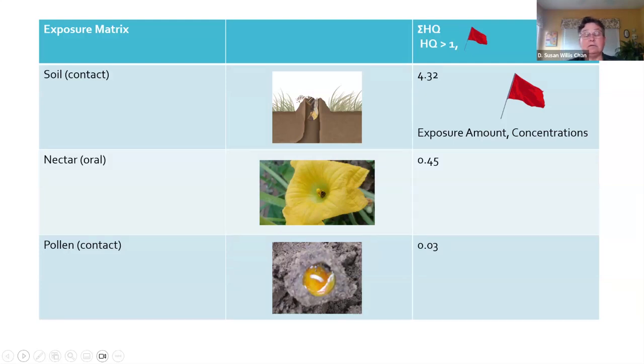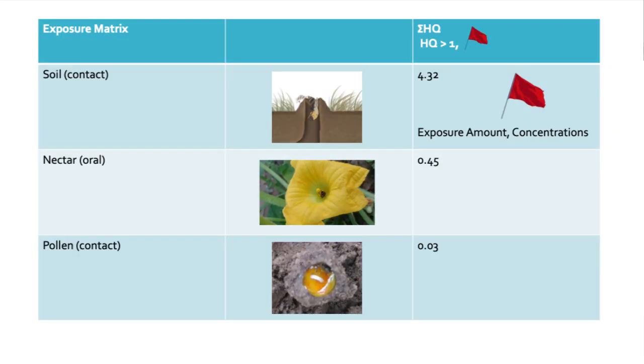What I found is that the only one that was waving a red flag at me was soil. Soil was way above an HQ of 1. It had an HQ of 4.32. This is because the exposure amount was so great, 300 times the mass of the bee, and the concentrations were so great in soil. The other two did not raise a red flag.